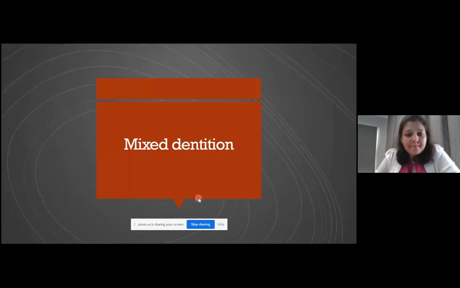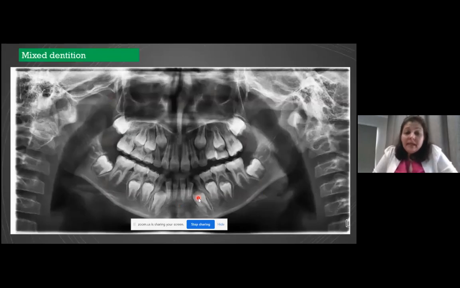Next, let's look at mixed dentition. So we've covered some overall evaluation of dentition, and we've covered periodontitis. Now I'm moving on to cases of mixed dentition. A panoramic radiograph can be very useful here because you want to visualize the condition of the succedaneous tooth, the tooth that is going to erupt.